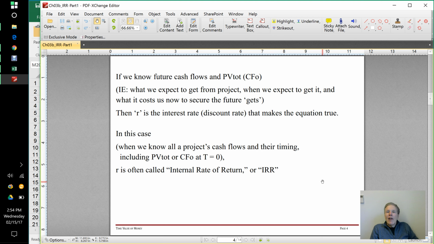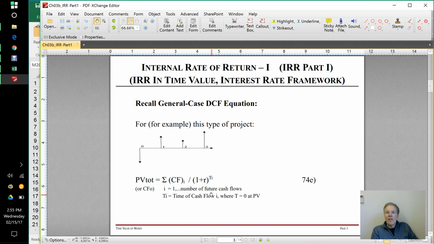So in general, if we know the future cash flows for a project and we know PV tot or CF0, which is what it costs us now to secure those future cash flows, and we know when we expect to get them, then R is the interest rate that makes the fundamental discounted cash flow equation true.